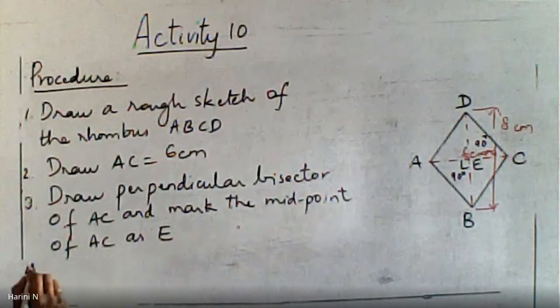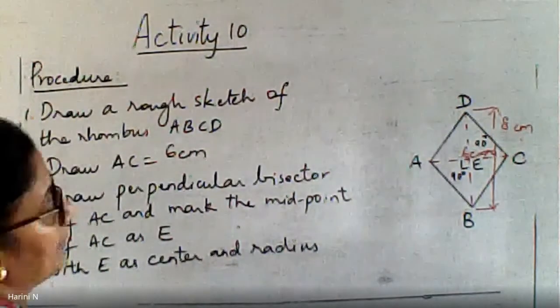What's the fourth step? With E as center. Ma'am, with E as center and radius 4 centimeter, cut an arc to intersect the perpendicular bisector. What did you name the perpendicular bisector as? PQ.